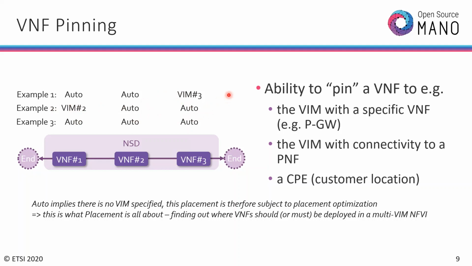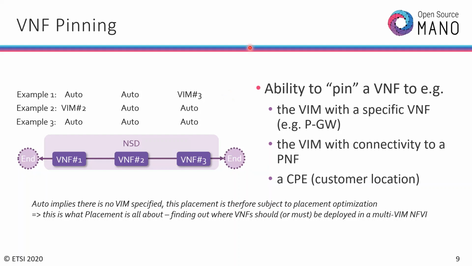So what one would maybe want to have here is the possibility to pin a VNF to, for example, the VIM that has a specific VNF. For example, this needs to be where the packet gateway is. This needs to go to a VIM that has connectivity to a specific PNF, could be one thing, or this has to go to a VIM that is related to a specific customer location.